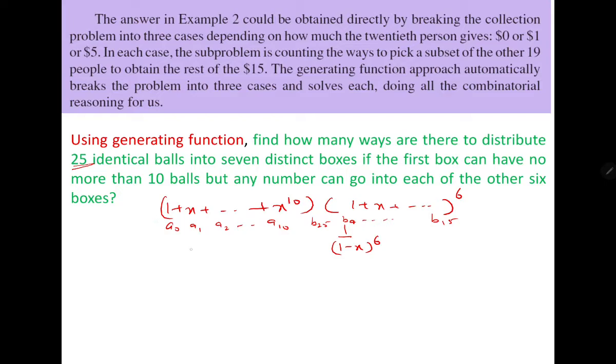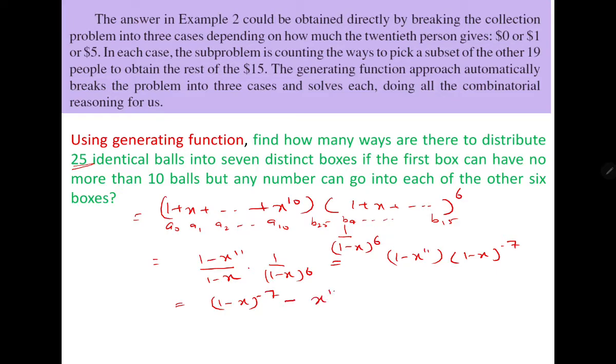If I use another identity, then it's better to write down the generating function in this form: 1 minus x raised to the power 11 by 1 minus x, and this is 1 minus x raised to the power 6. So it becomes 1 minus x raised to the power 11 and 1 minus x raised to the power minus 7. So now you can see that it becomes 1 minus x raised to the power minus 7 minus x raised to the power 11, 1 minus x raised to the power minus 7.